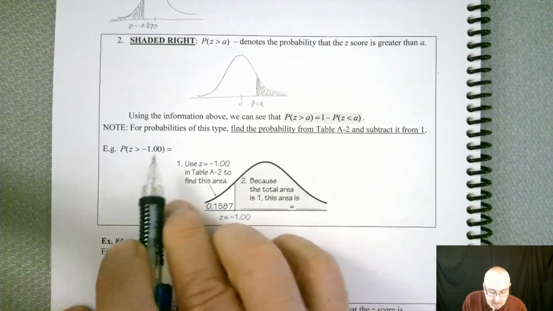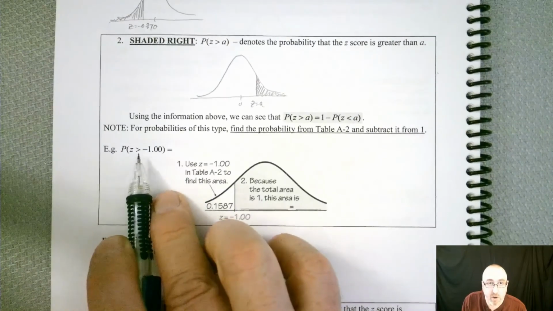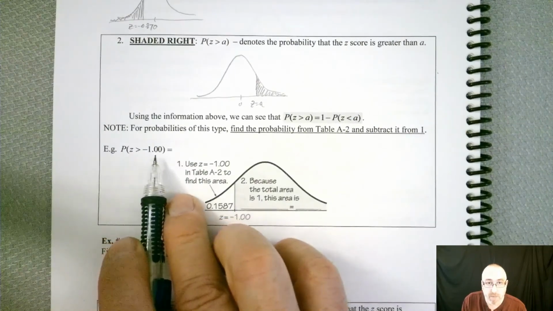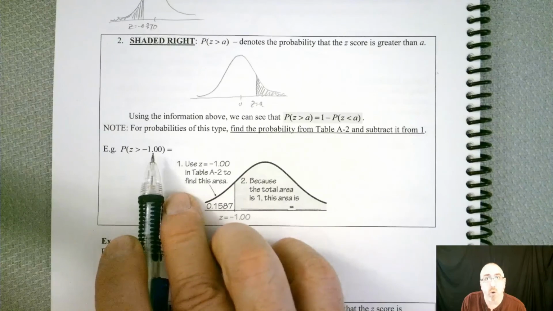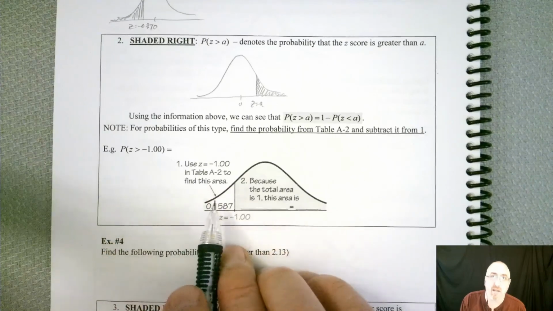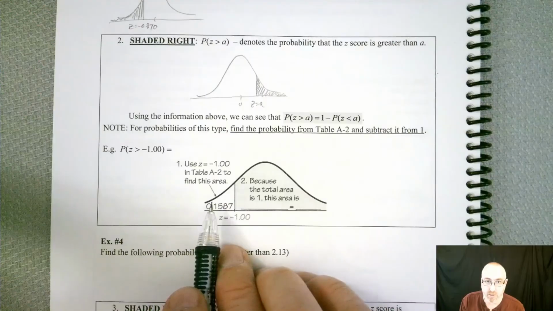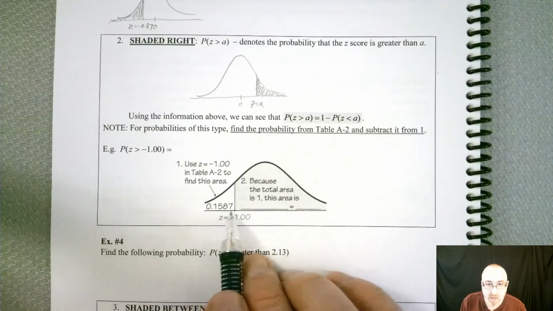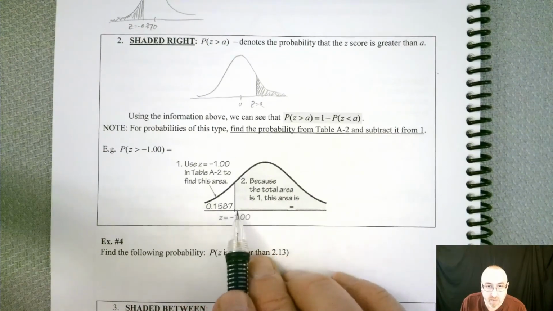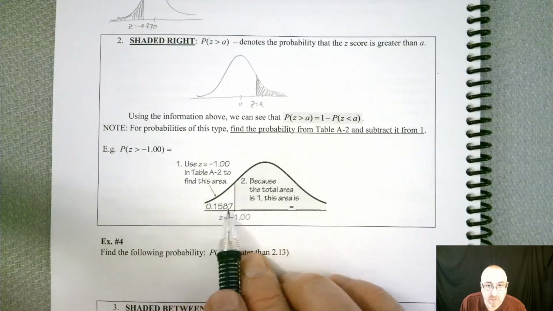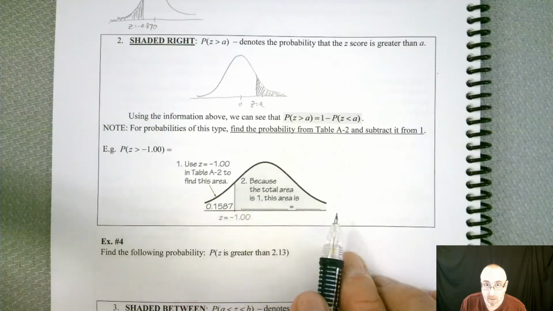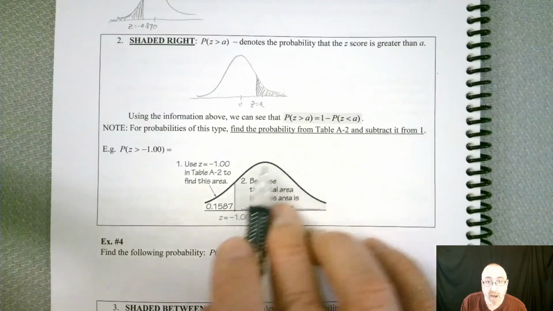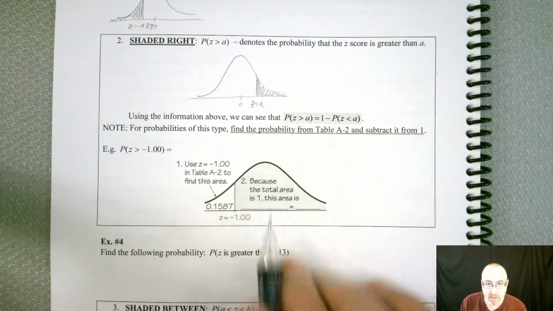So if we had the probability that z is greater than negative 1.00, the first thing we'd have to do is go to our table and see what's to the left of negative 1.00. That's what you would do first. This little portion is roughly 15.87% of the whole bell. So we need to know what the remainder from 1 is.